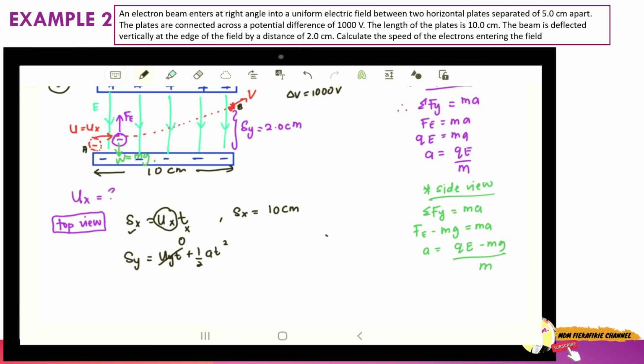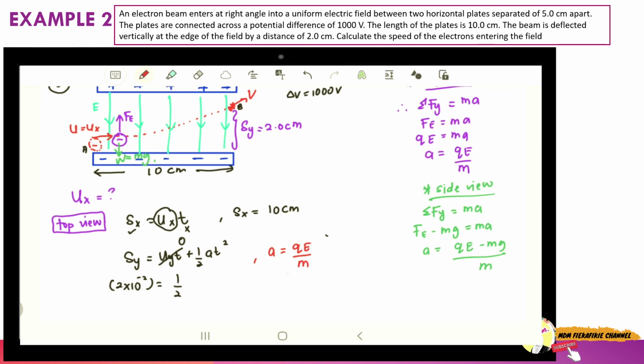Nilai Sy soalan dah bagi 2 cm, we can substitute here. And half A here, we need to find the value of A, where, since this is the top view, A is equal to QE over M.